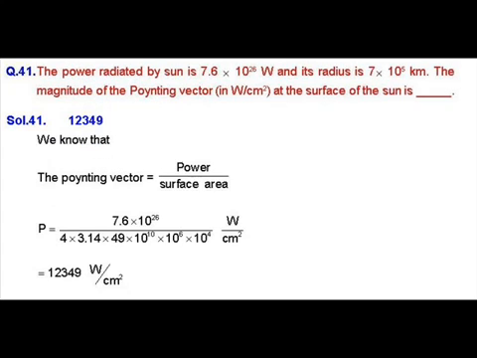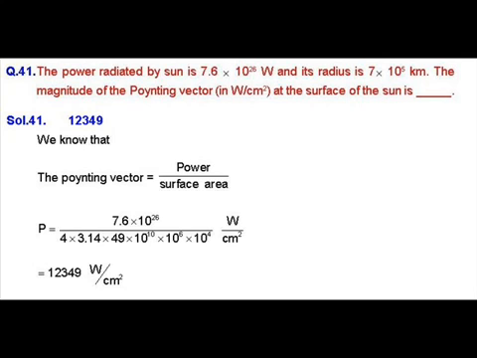NAT question number 41. In this question, we have been given that the power radiated by the sun is 7.6 into 10 raised to the power 26 watts, and its radius is 7 into 10 raised to the power 5 kilometers. Now we have been asked to calculate the magnitude of the pointing vector in watts per centimeter square at the surface of the sun.